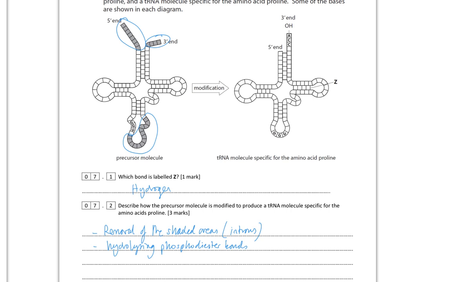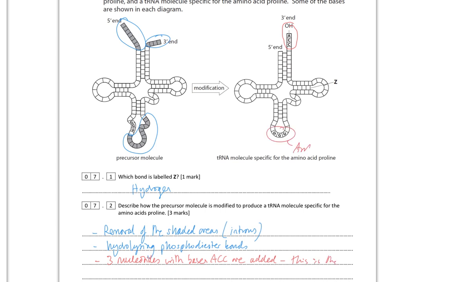What else has changed? Well, this is new over here. There's an OH appeared and an ACC. So I can add that as well. So 3 nucleotides with bases ACC are added. That looks like the amino acid binding site. This is because this is the anticodon there.